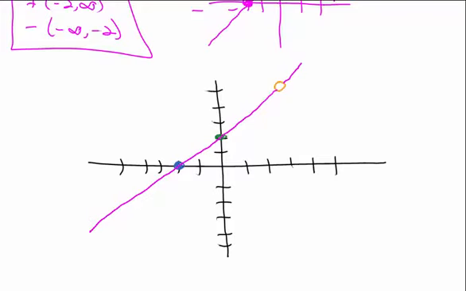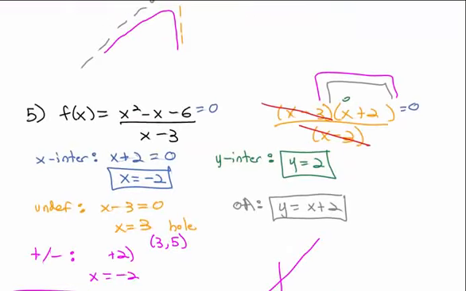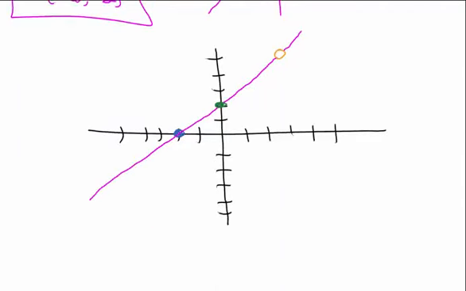But that kind of makes sense, because this whole time we were making our graph, we said we were going to focus on the part that was left after we reduced. What was left after we reduced was x plus 2, and so what's left in our graph is the line x plus 2. We just have to account for the hole that we divided out.